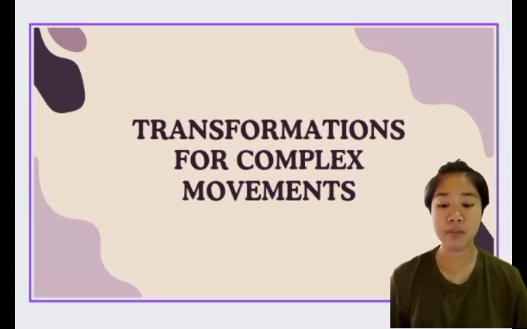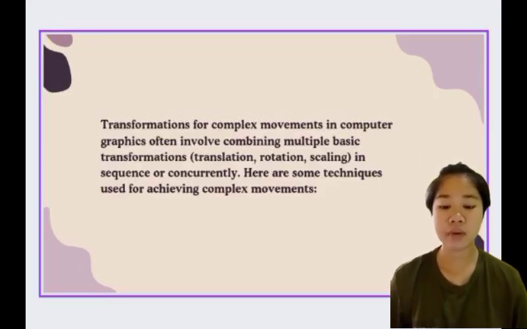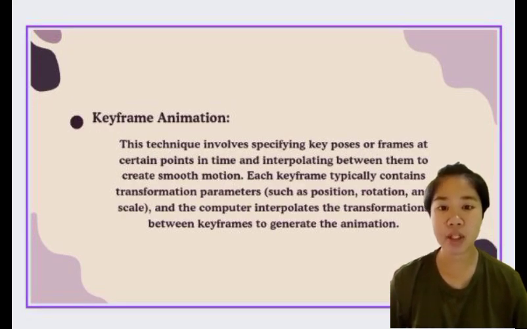Transformations for complex movements. Transformations for complex movements in computer graphics often involve combining multiple basic transformations, translation, rotation, scaling, in sequence or concurrently. Here are some techniques used for achieving complex movements. Keyframe animation.